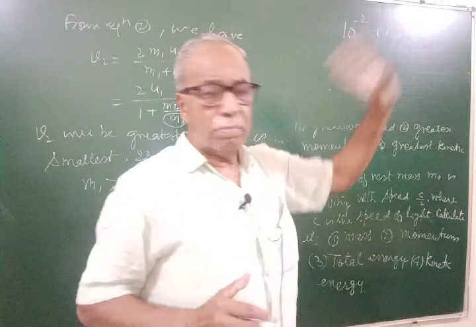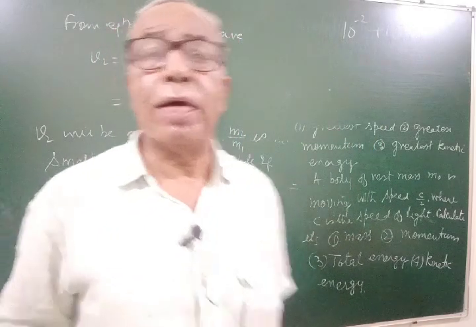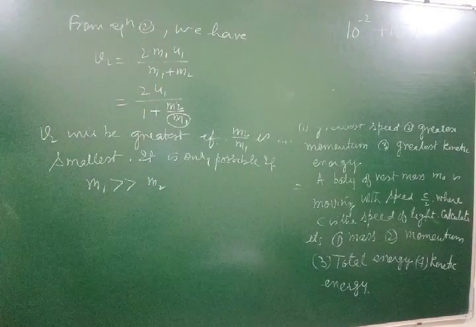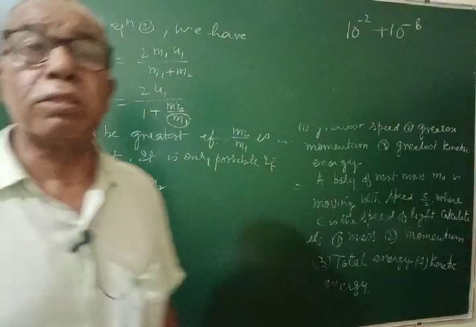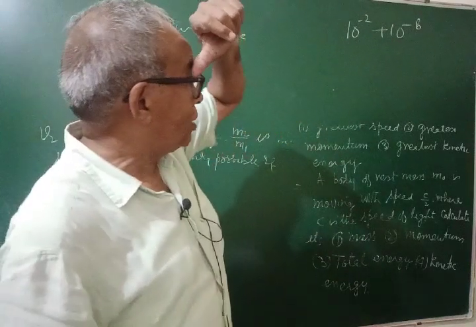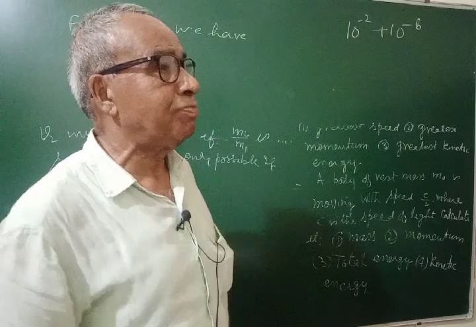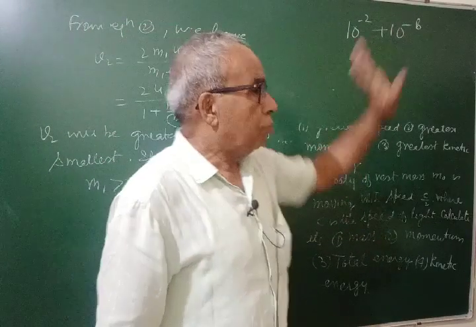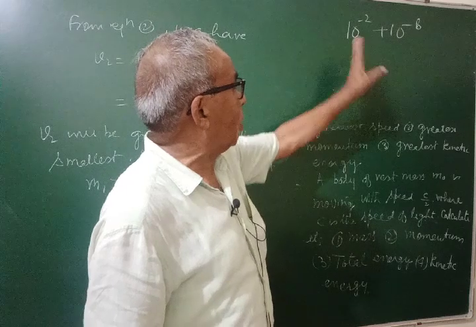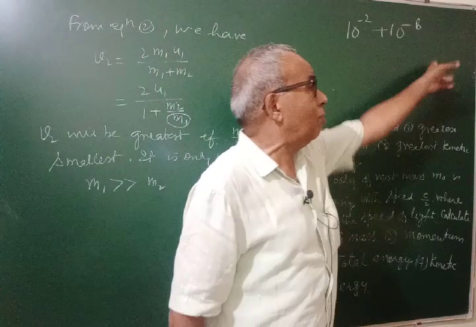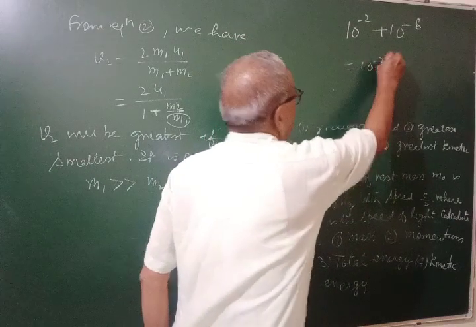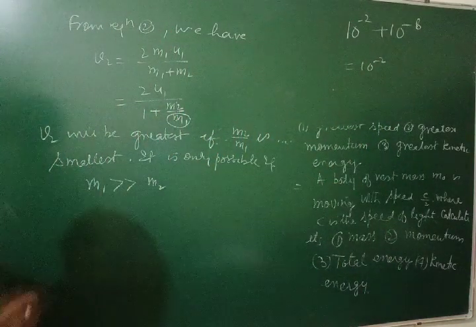They add the powers, but they know that powers are added only when we multiply. 10 to the power minus 2 means 0.01, and 10 to the power minus 8 is a far smaller number, so the answer will only be about 10 to the power minus 2. That's the meaning here.